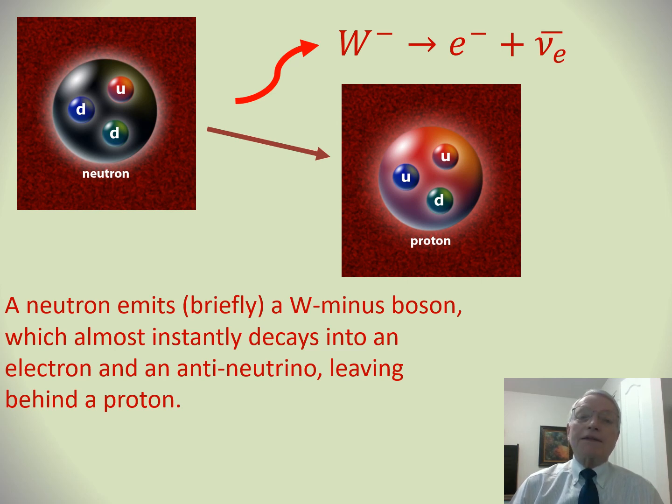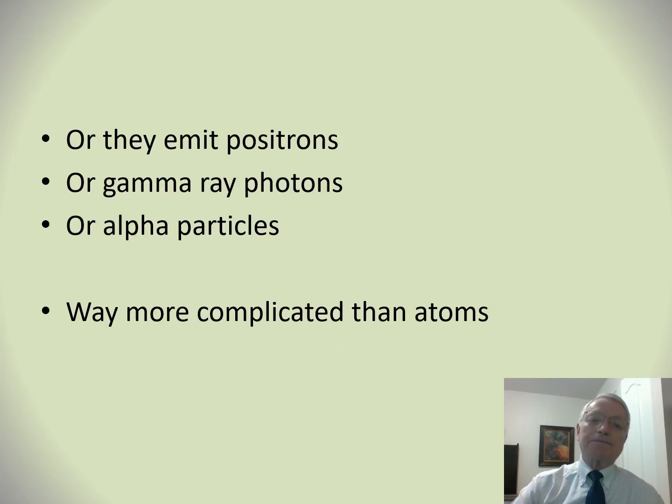The W minus only lasts for like 10 to the minus 20 seconds or so. So the W minus that's emitted, like the photon that's emitted in an atom, very quickly changes into something else, and the something else is an electron and an antineutrino. But that's what the nuclear decay for beta minus looks like. It's pretty similar, except for the W minus decaying, to what happens in an atom.